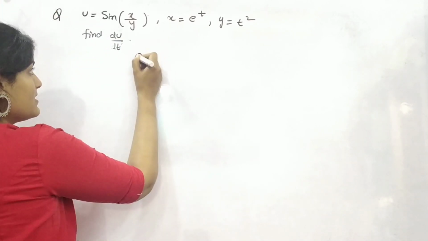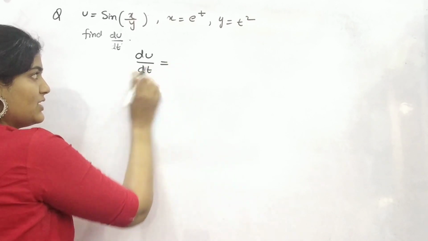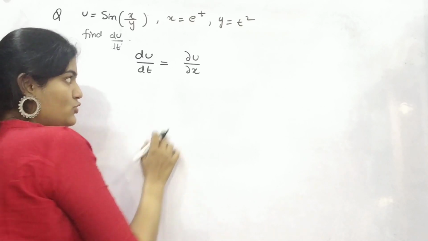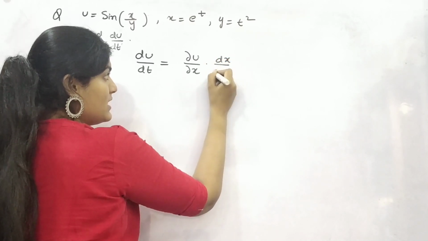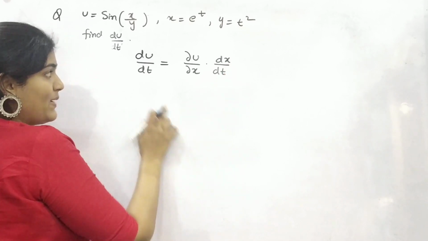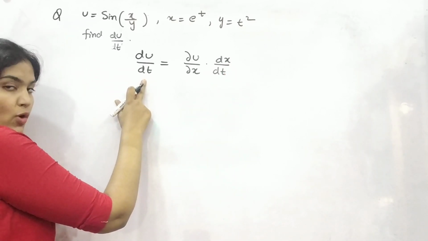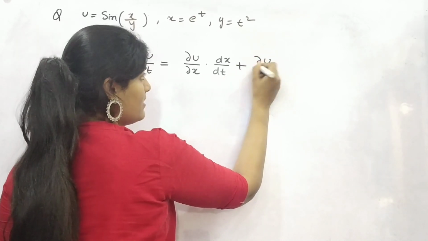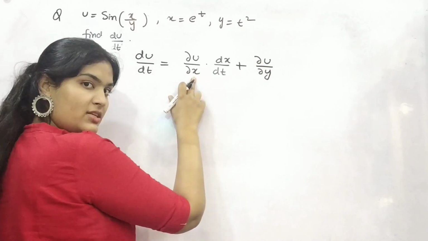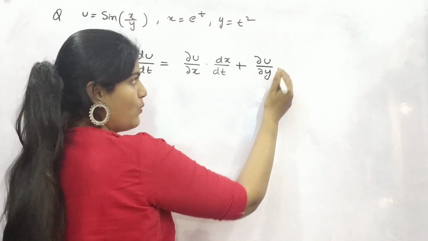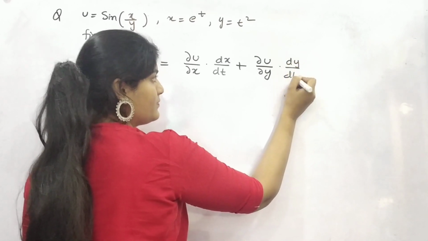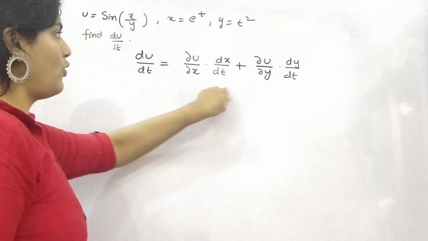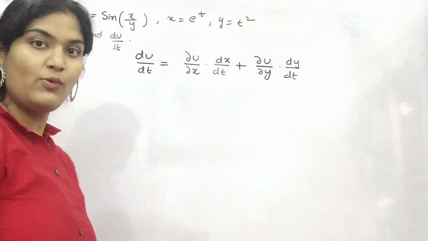So the formula is: if you want to find total differentiation, then partially differentiate the variable with respect to one variable, take the total differentiation of that variable with respect to the variable with which you want to differentiate it, plus again do it: you have done it with respect to x, now do it with respect to y. Okay, so let's begin. We need to apply this formula, find all these values and start putting them into this formula.